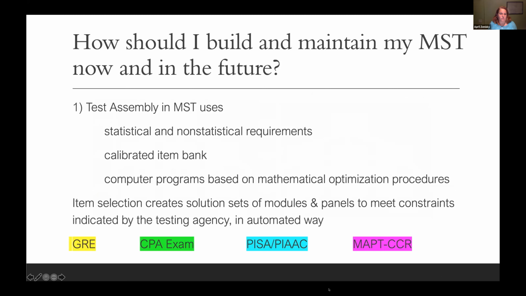And then item selection creates solution sets. There are systems that Rick and Tim and others are developing that they architect in a very sophisticated way. And sometimes a lower tech hand assembly works. But again, that's going to depend on the context that you're working in.